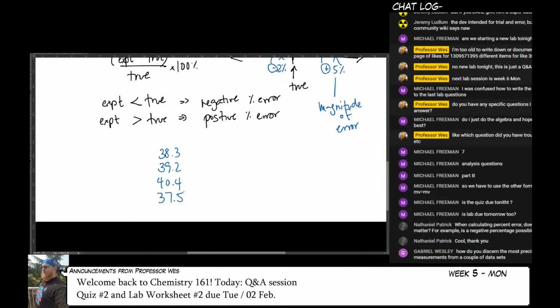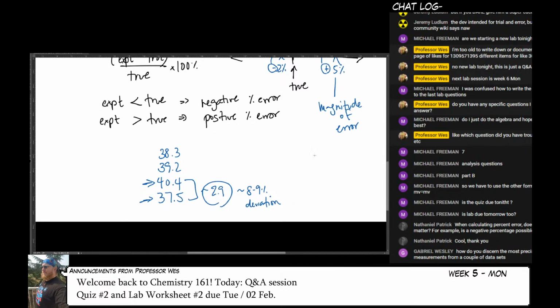So what I would do, if I wanted to look at precision, I would look at the two that are furthest apart, and I would compare them, and I would say, okay, the difference between these is about, whatever this is, 2.9. And so this, compared to the average, which is about 38, is almost like an 8 or 9% deviation.